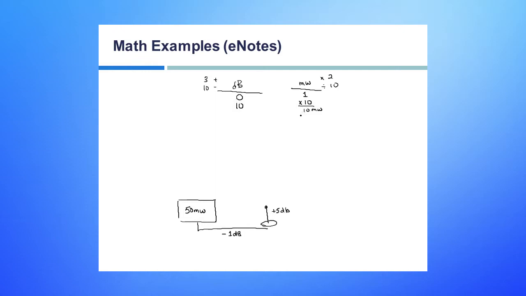And then what if I multiply that by 10 again? Now I'm at 100 milliwatts. Being at 100 milliwatts, I got a little bit of a problem because I'm only sending 50. But if I did that, then I'd be adding 10 and I'd be at 20 dBs. The good news is I can divide this by 2. That gives me 50 milliwatts.